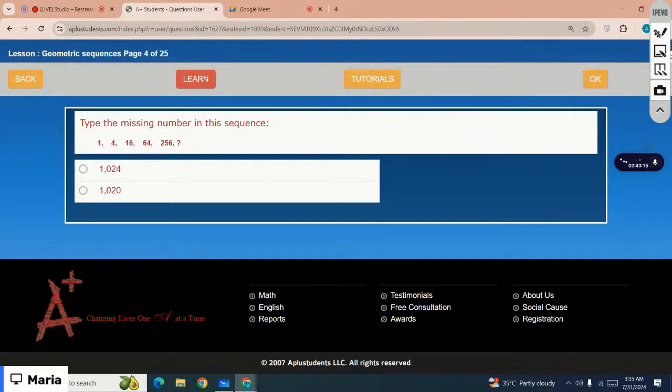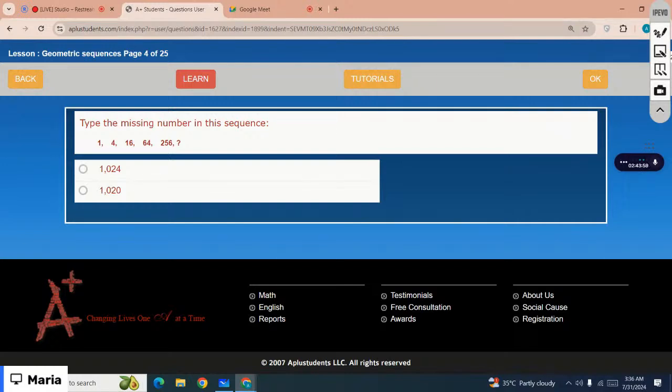Okay, type the missing number in the sequence. So which is the missing number? That is 1024.